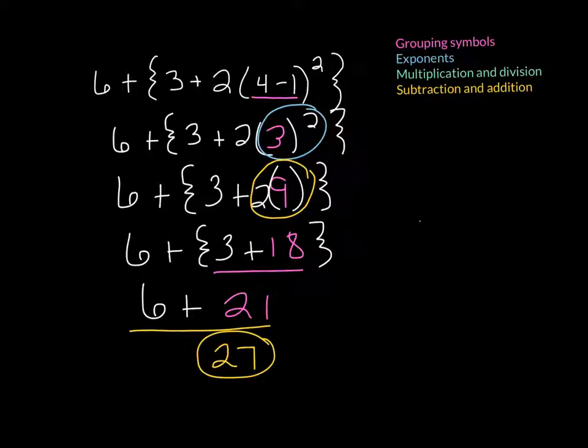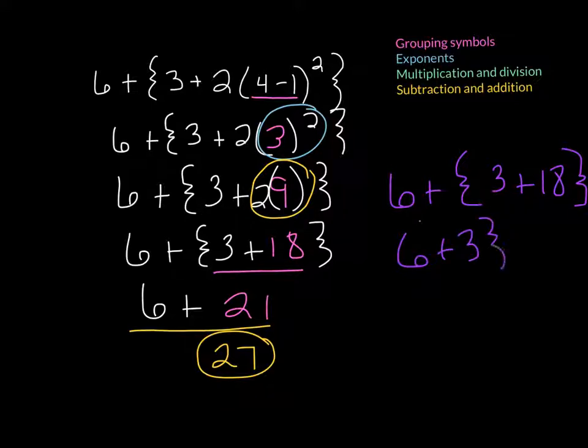Let's look at what we could have done with this last step. The 6 plus, and we had 3 plus 18. As I had mentioned, with associative property, the order that you add things doesn't matter. So if we had decided to put 6 plus 3 first and moved it there, 6 plus 3 would be 9 plus 18. 9 plus 18 is 27.